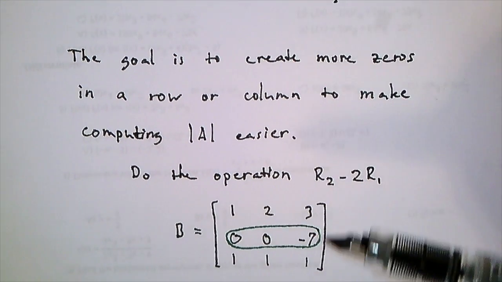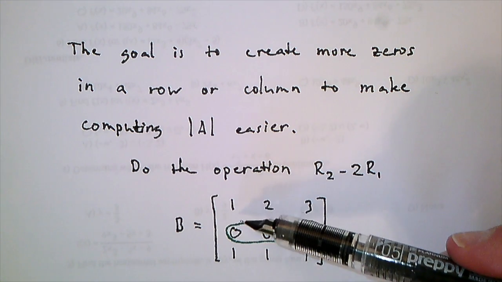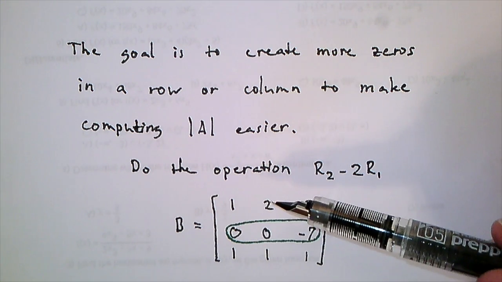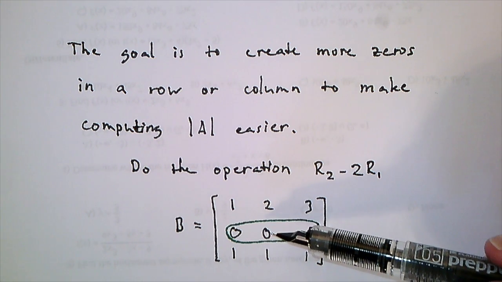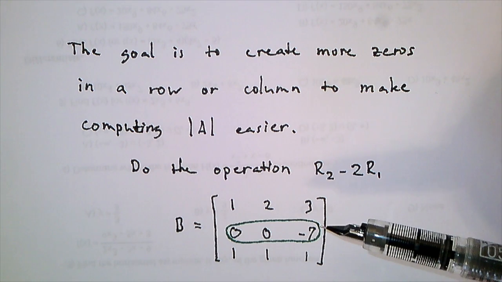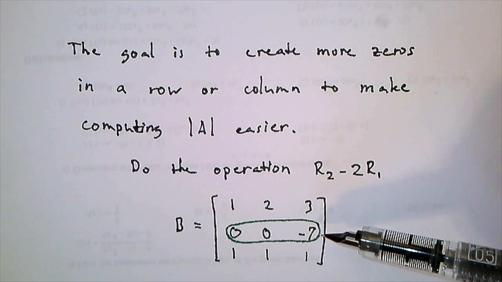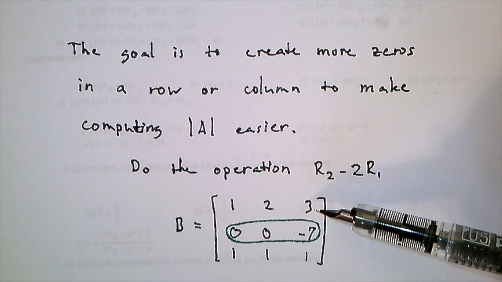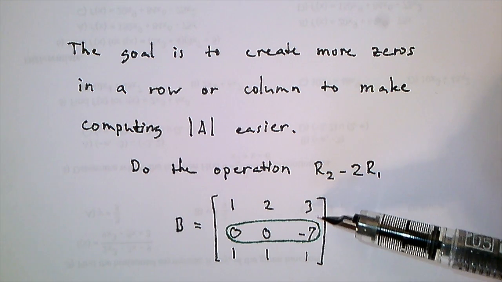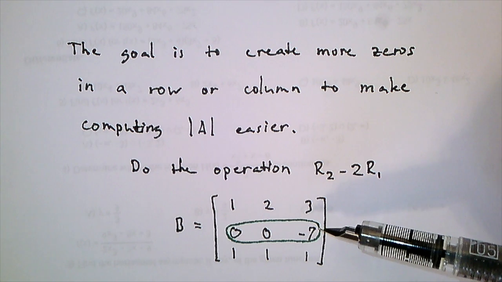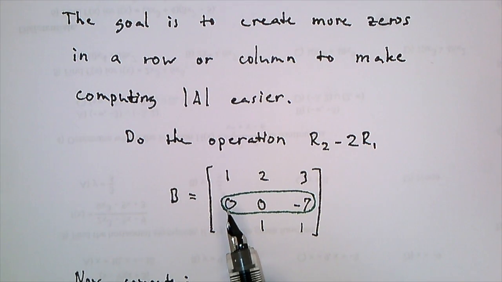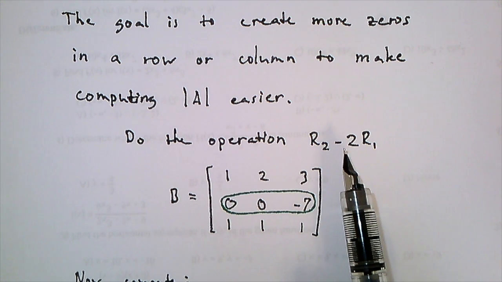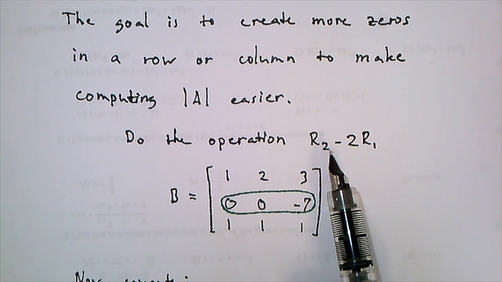Here's what I get. I multiply by 2 and subtract, I get 0 here. I multiply by 2 and subtract, we get 4 minus 4, so that's another 0 on the second row. And then in the third entry of the second row, we have minus 1 minus 3 times 2, so we get minus 7 overall. So what we've done is created a new matrix by subtracting a multiple of one row from another.